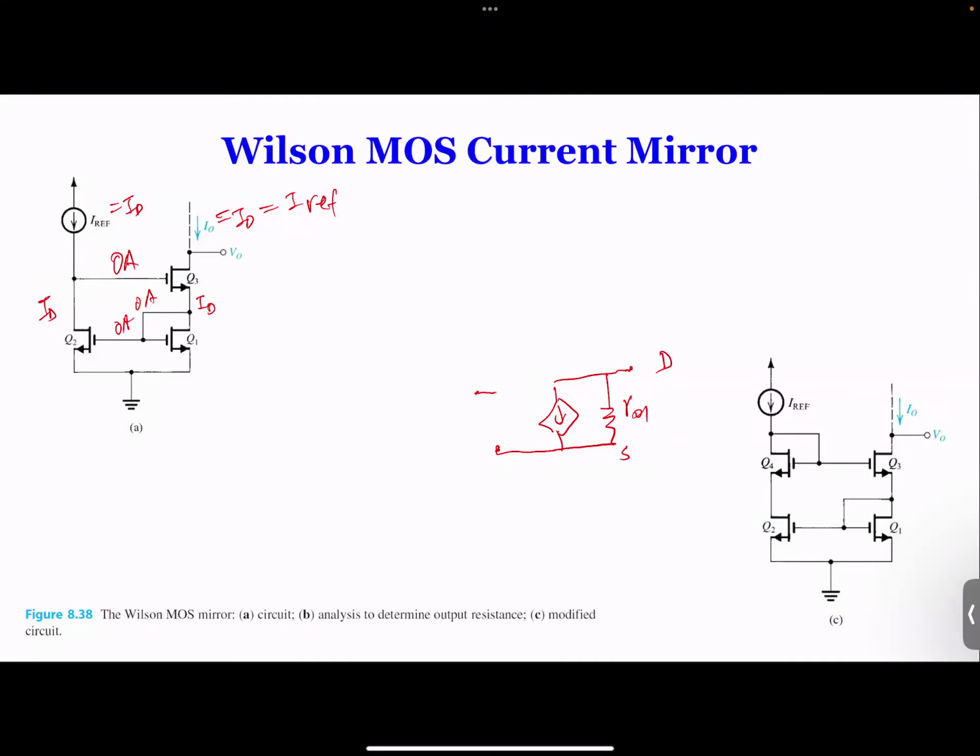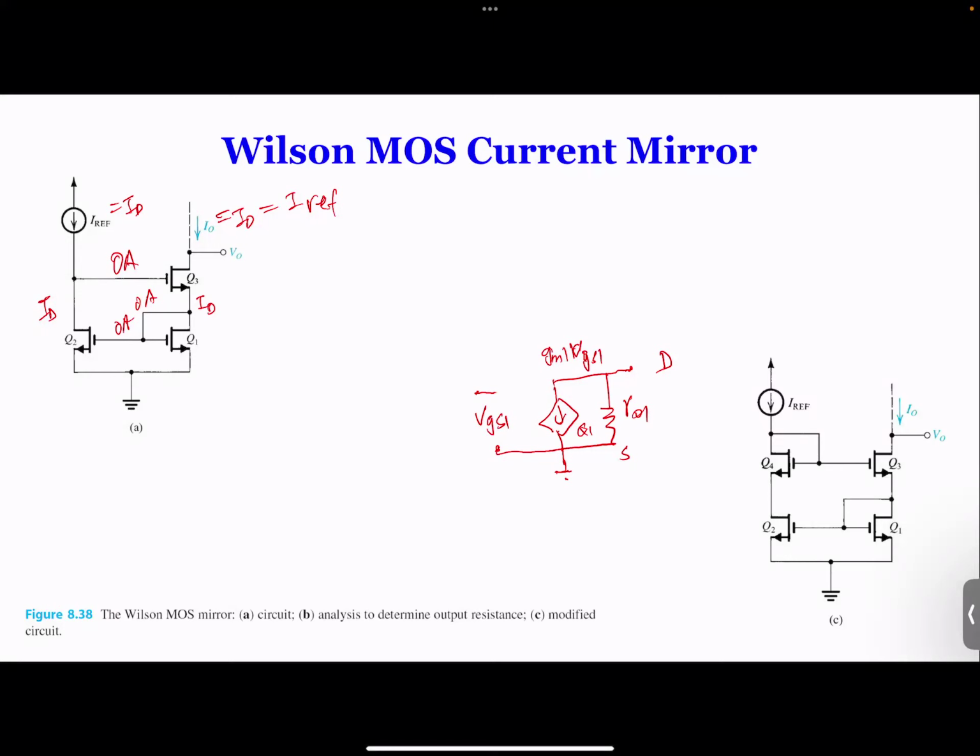Okay, so for this Q1, this is GM1 times VGS1. Okay, this is VGS1. So the source is grounded. That's easy, right? Source is grounded. And then we look at the gate.